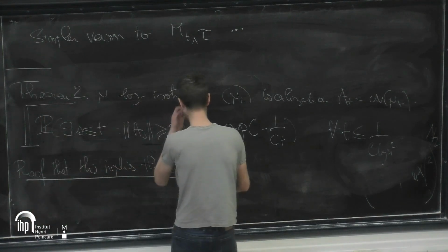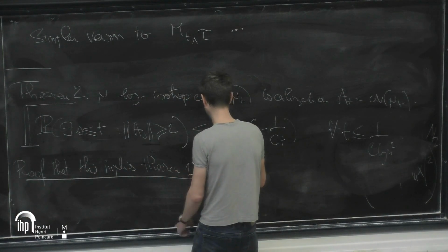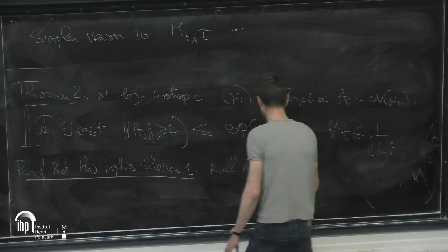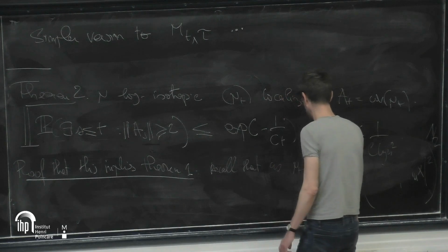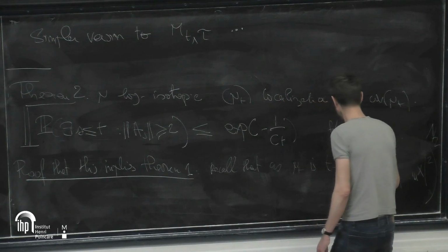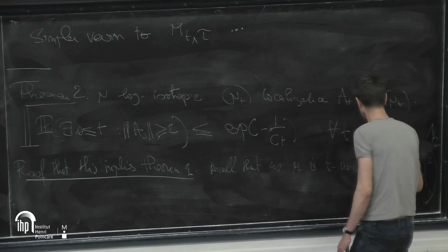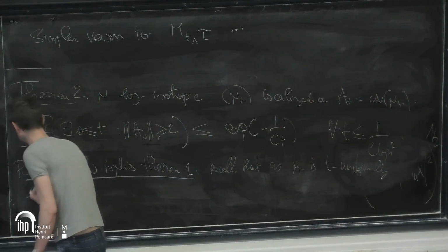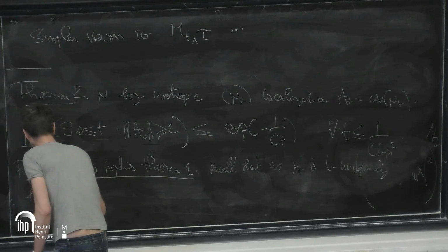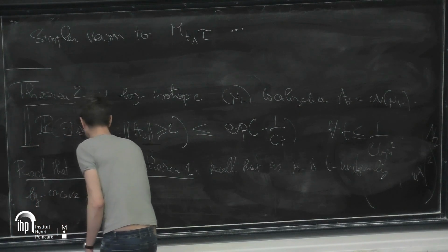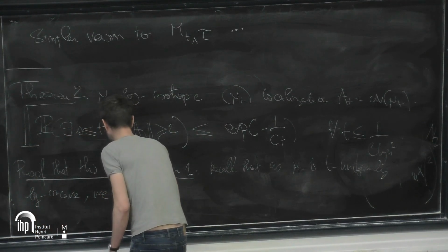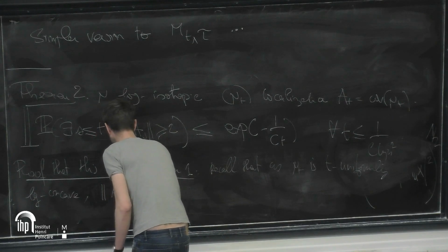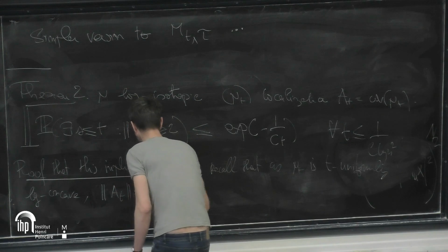This is actually very easy, this part. Recall that as mu t is t uniformly log concave, we have the covariance is less than 1 over t, almost surely.